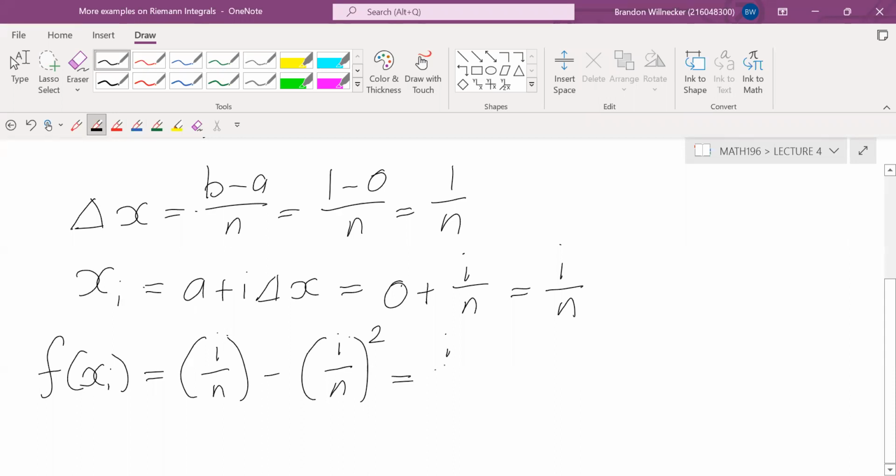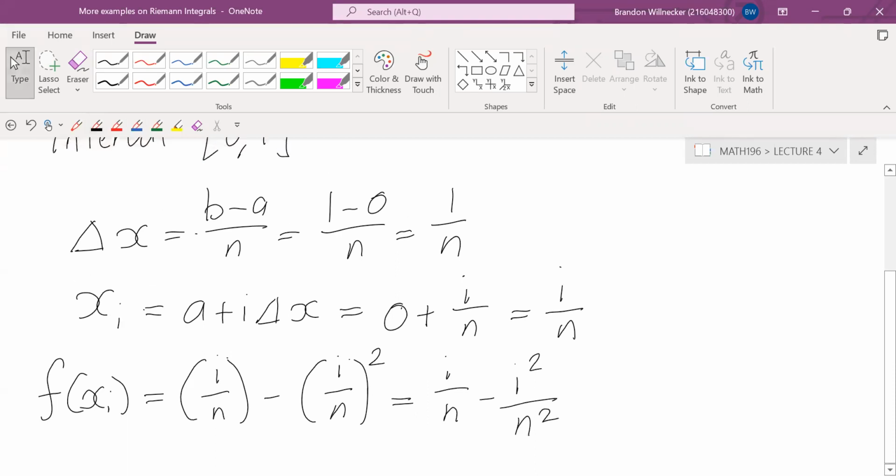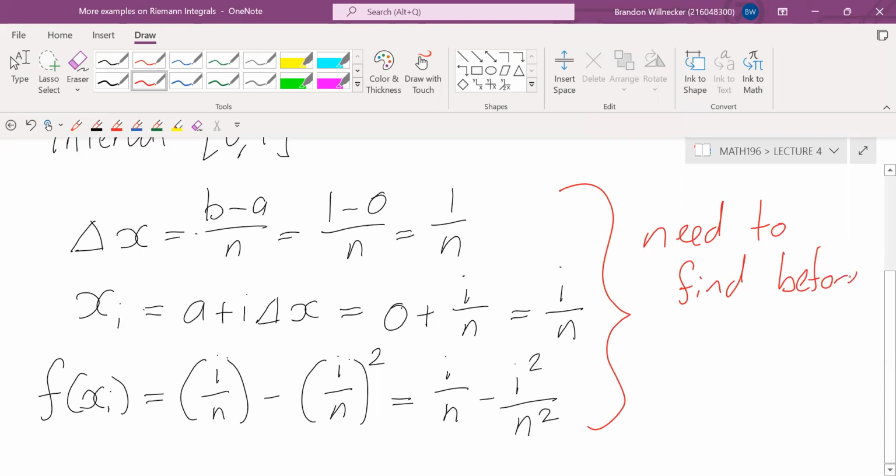So this is going to be i over n minus i squared over n squared. Okay, so these are the 3 important things that we need to find before the calculation. Okay, so it's good to find all of these things now. And then when we do the calculation, we can just substitute everything in.